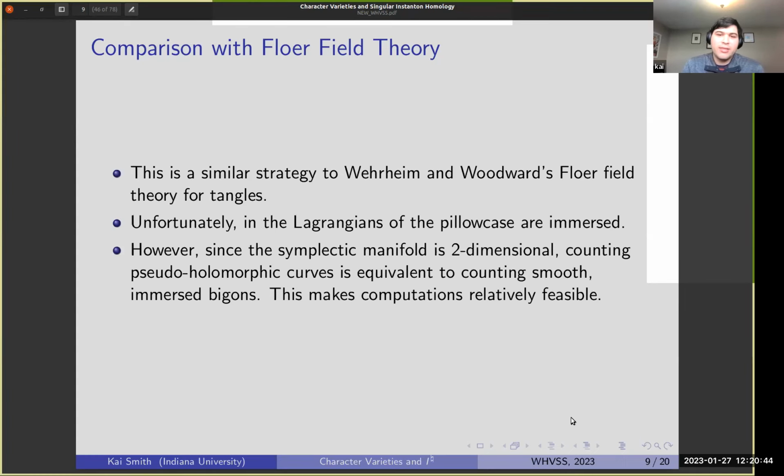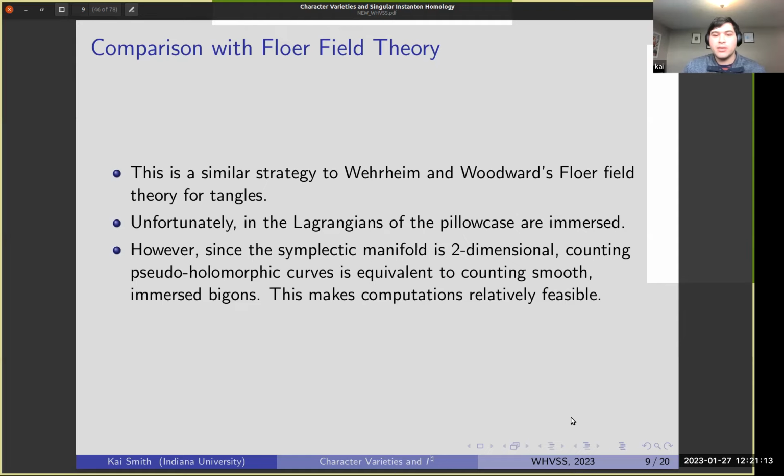On the other hand, in the strategy I presented before, the Lagrangians in the pillowcase are generally immersed. And that's the main hurdle of this strategy of Hedden, Herald, and Kirk, is that now we have to deal with immersed Lagrangians. But for that hurdle, we get an upside, which is because we're just using a 4-punctured 2-sphere, the symplectic manifold we're dealing with is the 2-dimensional pillowcase.